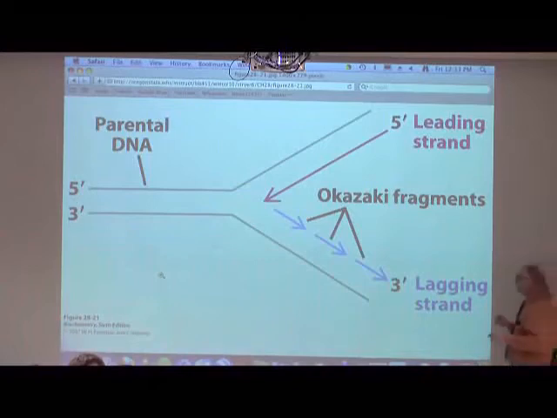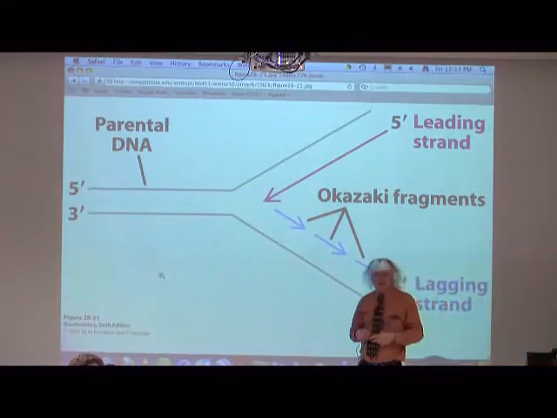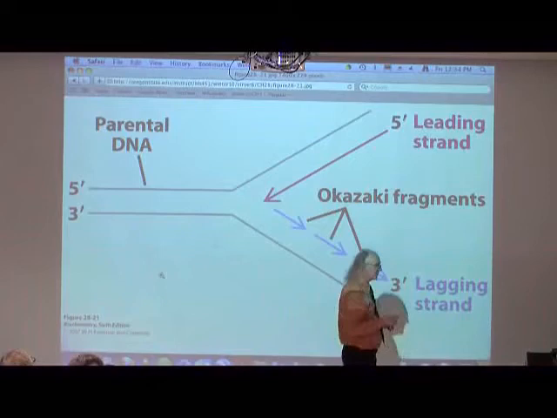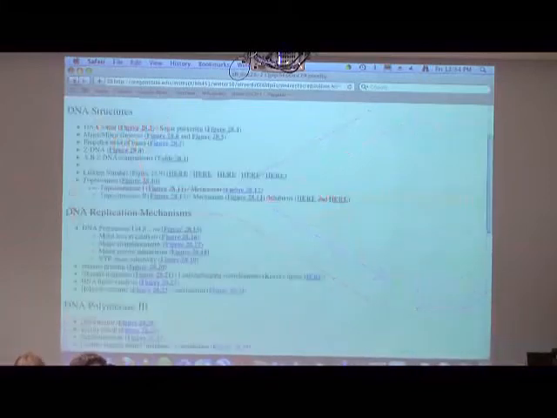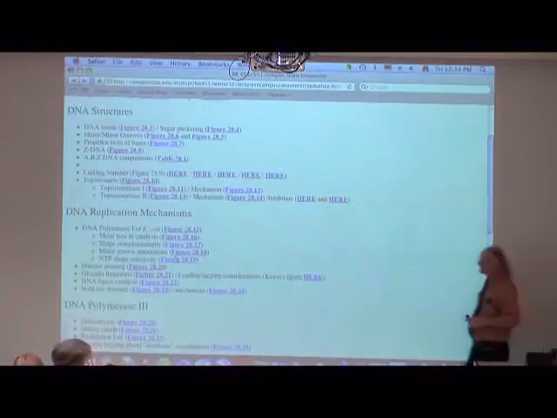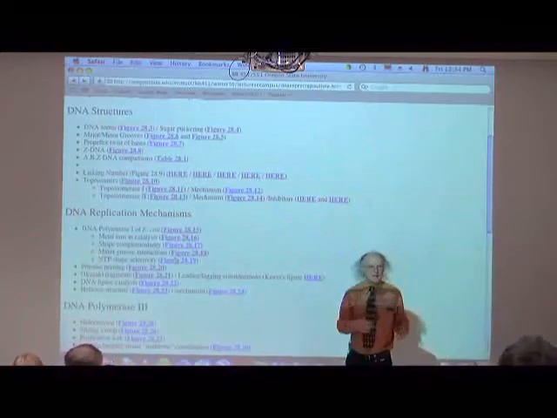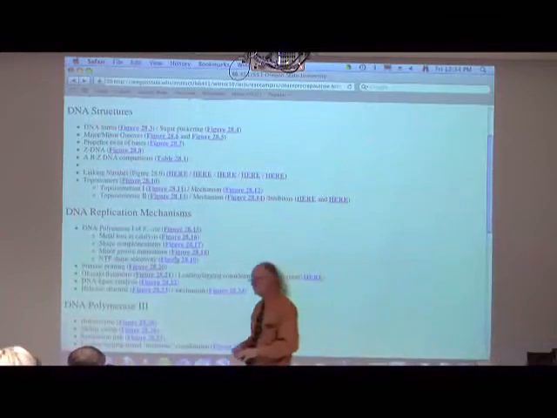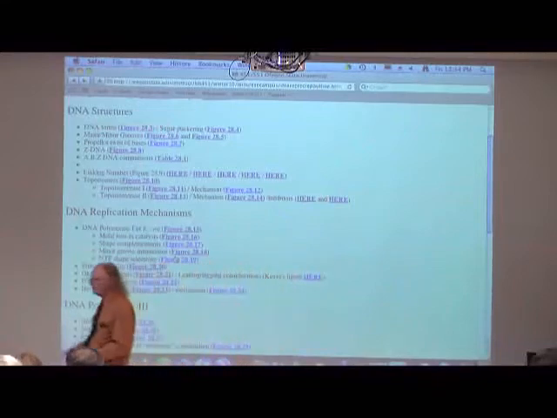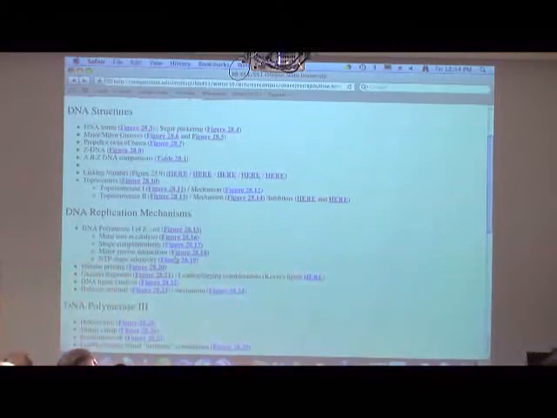Okay, now we've seen essentially all the players except for one. And I've left it out on purpose to tell you about it. When Arthur Kornberg isolated DNA polymerase I, he thought he had the answer to the DNA replication puzzle. It replicates DNA. It's got the activity that we need.